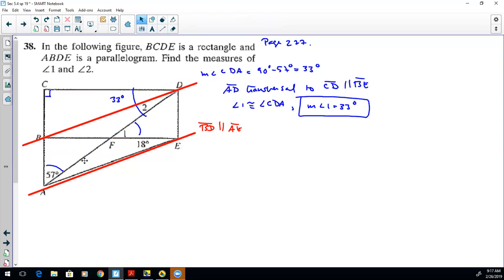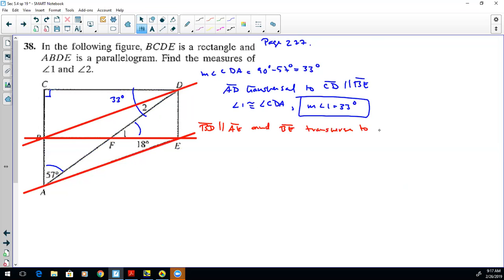And BE is a transversal to those two things.